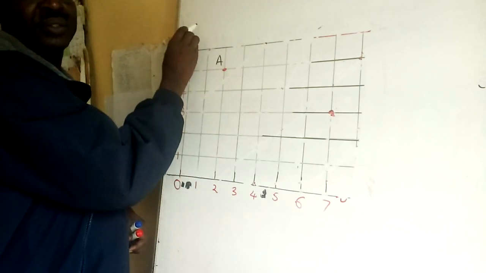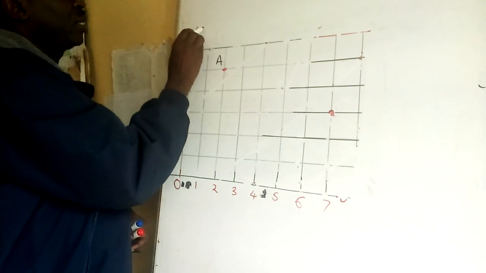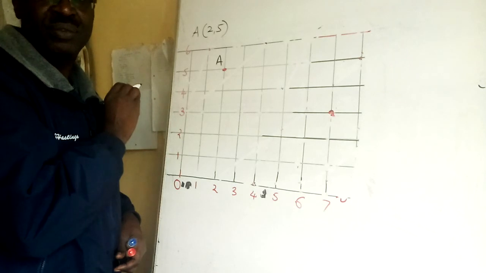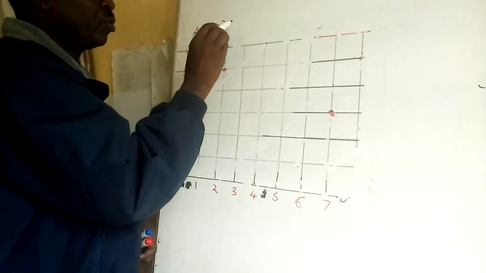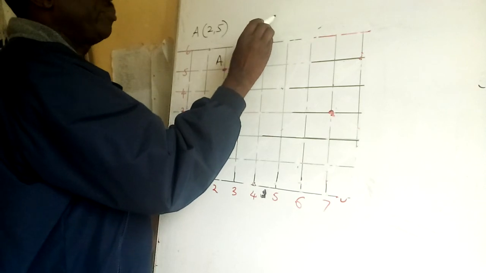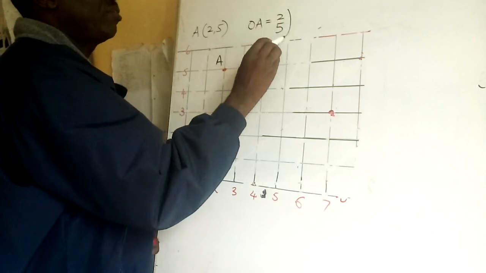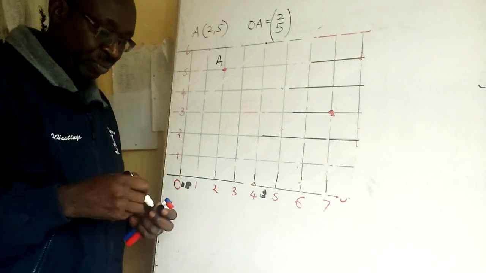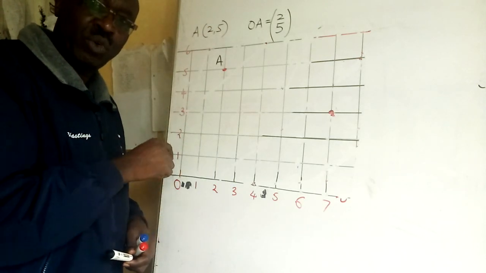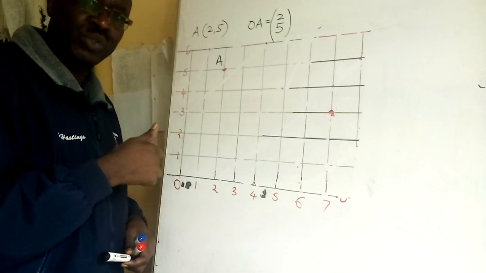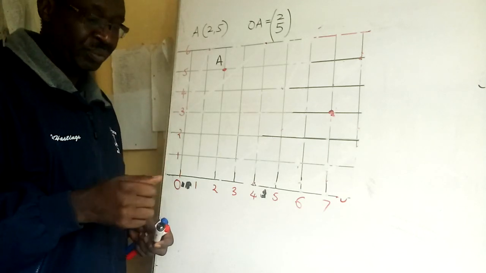Our A is 2, 5. So, from origin to point A now can be written as 2, 5, and this is called position vector. Remember, anything from origin to a given point is known as position vector.